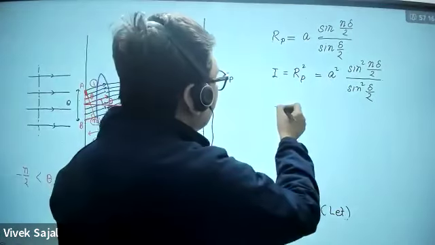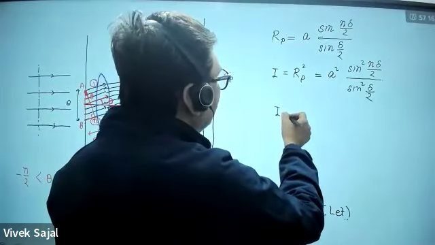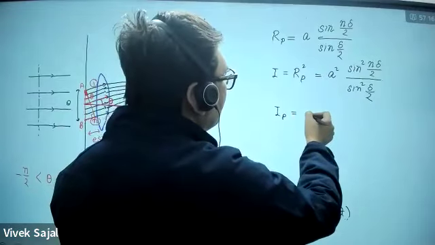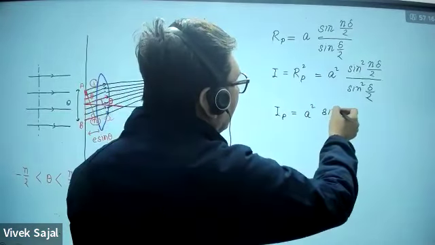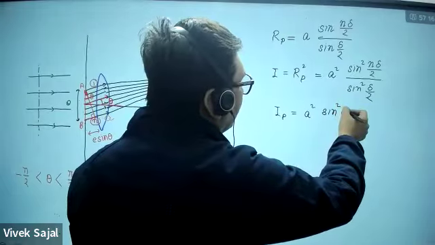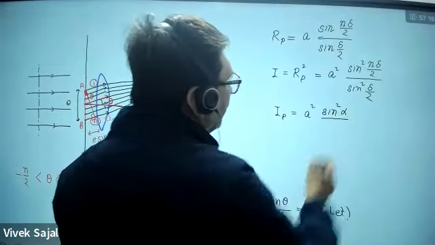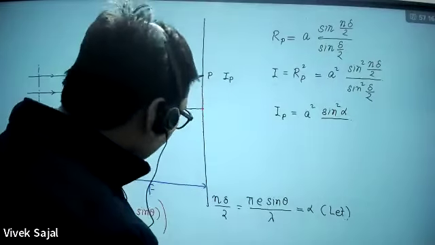So what will be the intensity at point P? This will be A square sin square alpha divided by, what will it be? This is delta by 2.